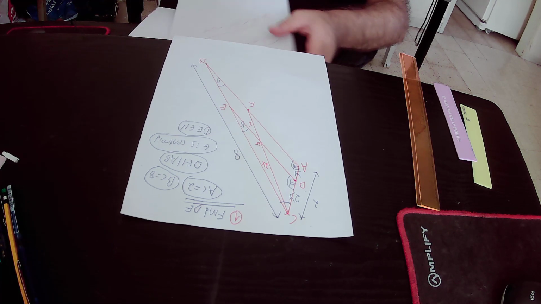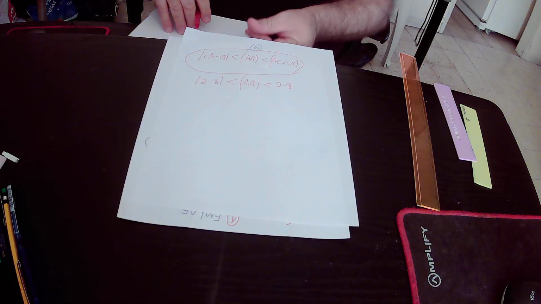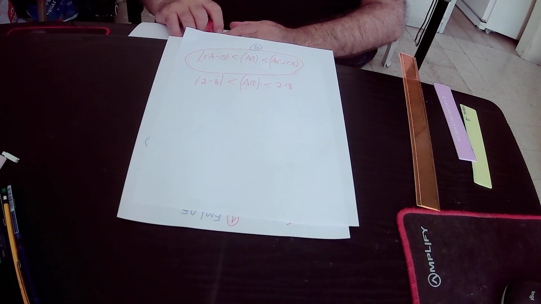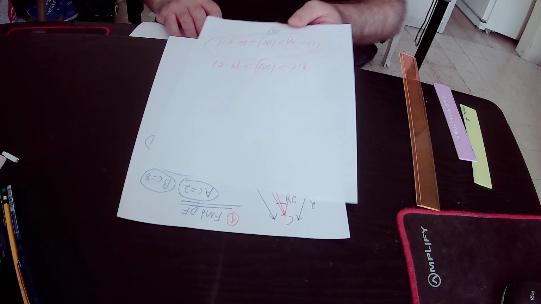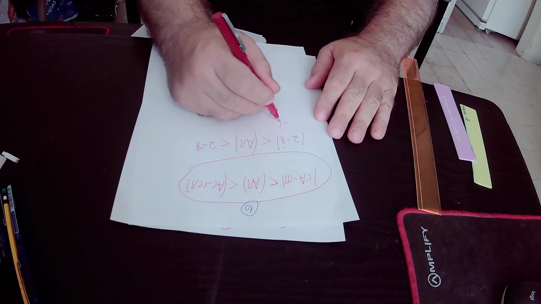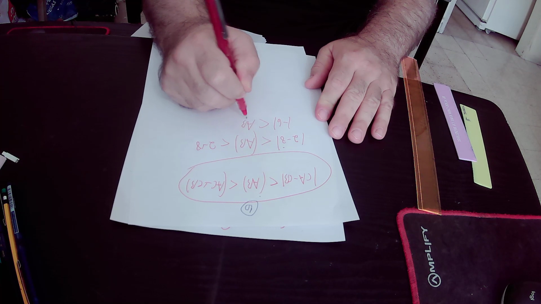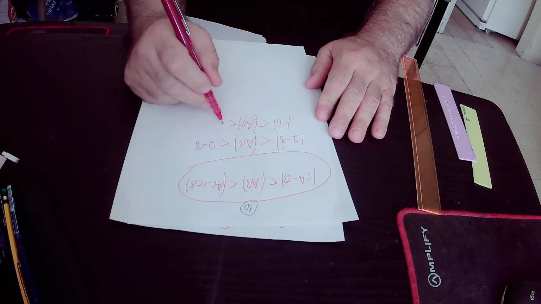So AB is greater than the absolute value of minus 6, and it is smaller than 10.